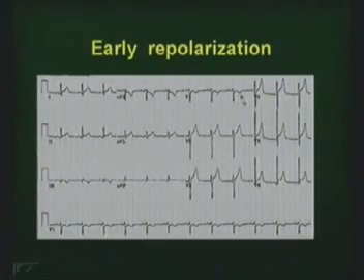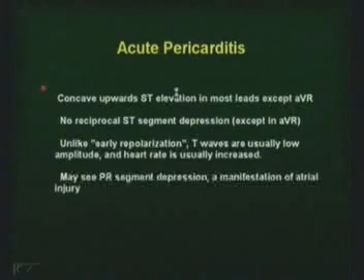Remember the early repolarization. This is usually seen in young people where you will have an early takeoff in the ECG and it will mimic or create a doubt of an MI. Okay, so it's important to keep these ECGs, tell them to do a serial ECG to clarify whether it's an MI or not. In acute pericarditis, the concave upward ST elevation is seen in most of the leads rather than in one territory.